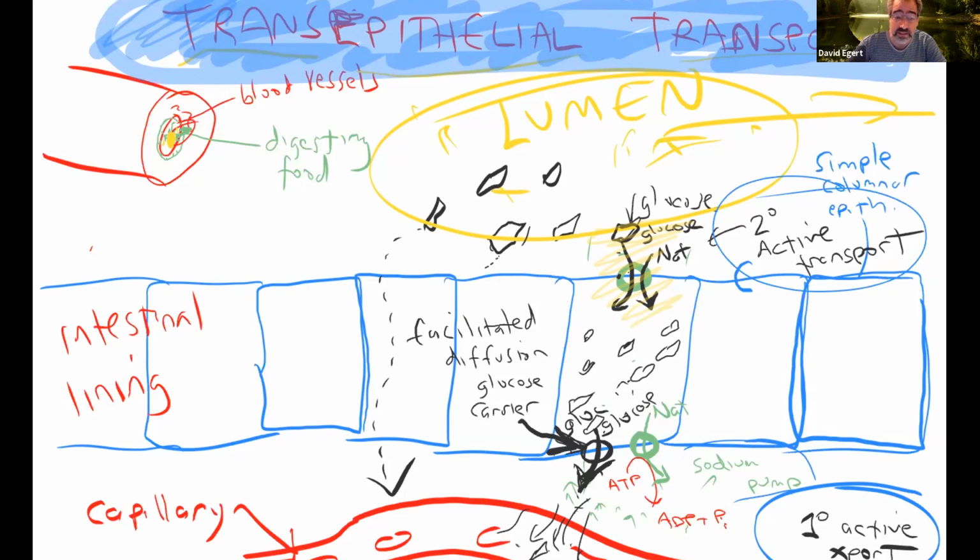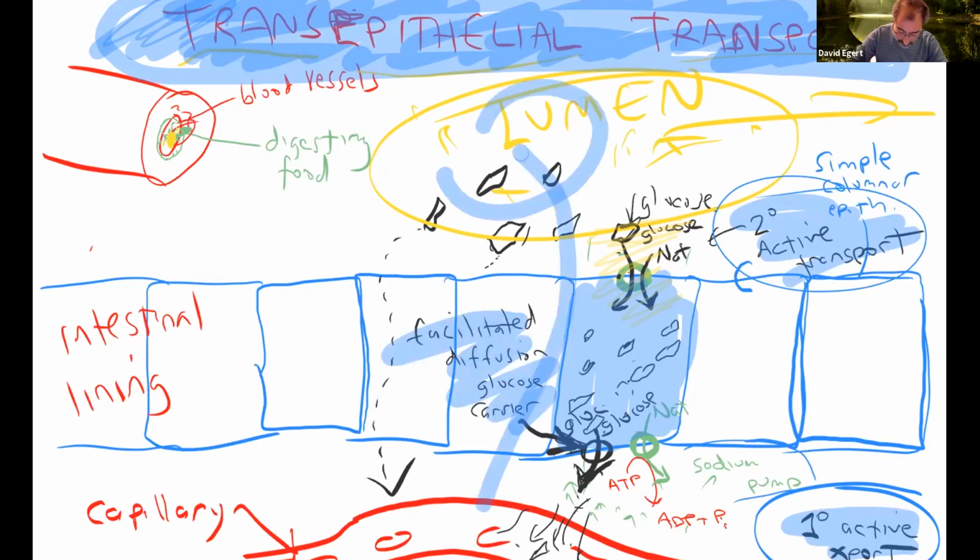This isn't just like, oh, he kind of went through that, now let's see what comes next. If what I just described, the primary active, the secondary active, facilitated diffusion, how we move stuff from the lumen to the capillary side, doesn't make sense, you want to review it, you can ask questions, figure it out, but make sure you don't let this slide, because this is illustrating a lot of important concepts that we're going to be finding in different forms as we go through the different organs and systems.